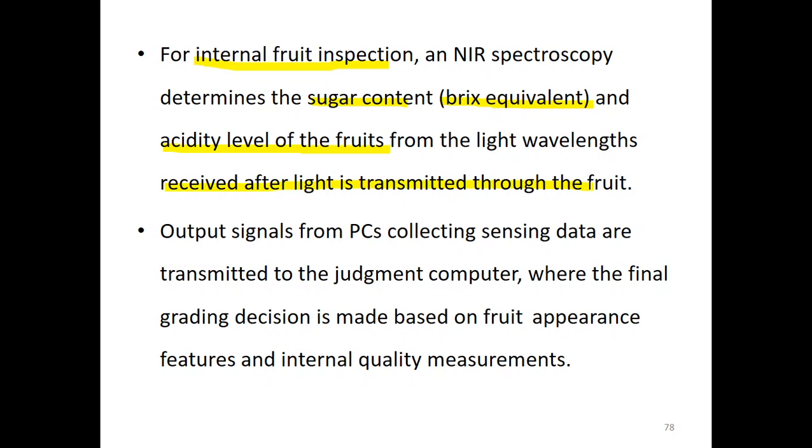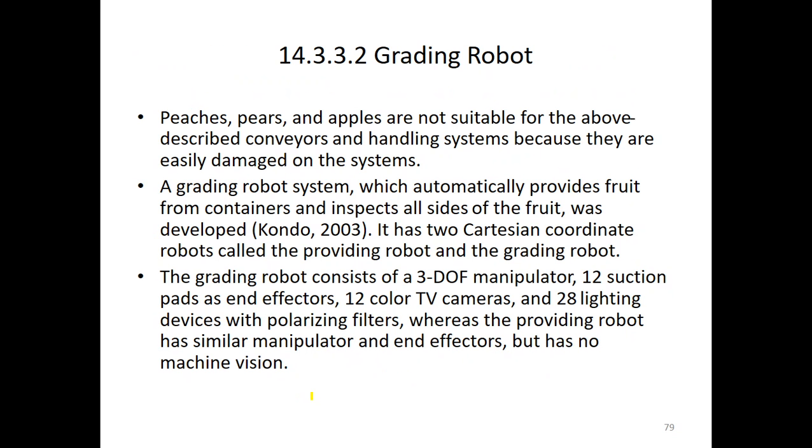That is what I mentioned last week, and maybe you can memorize it again. The output signal from the PC collecting sensor data is transmitted to a judgment computer, where the final grading decision is made based on the external appearance features and the internal quality measurement. So not only your appearance, but also your internal quality. You have many combination labels, and you use these labels to grade or sort your fruit.